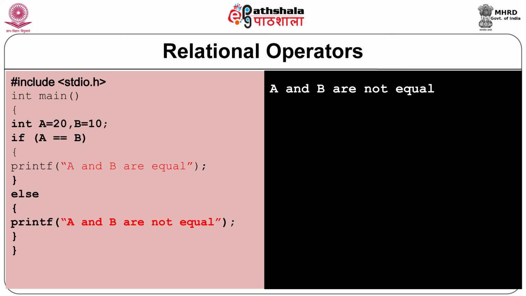So, in this program A and B values are not equal, therefore, result display is A and B are not equal. This way you can use various relational operators and perform your desired task.